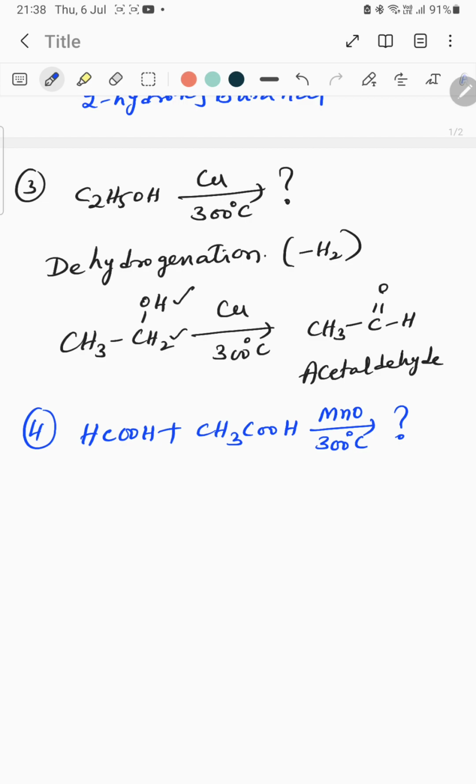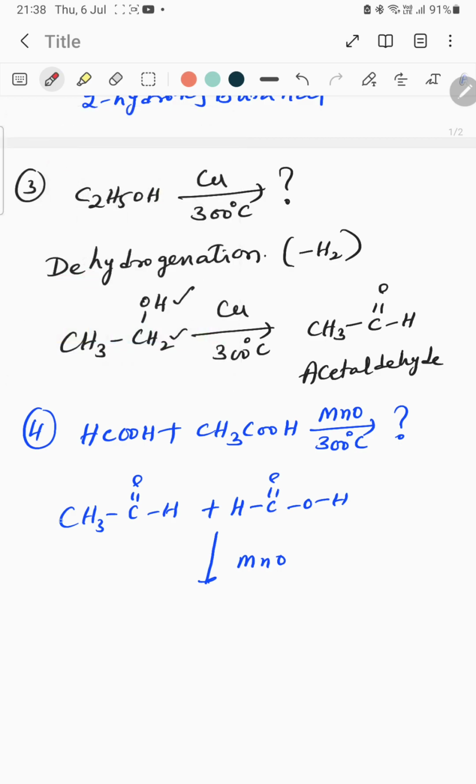Which one is formed? CH3 C double bond OH acetic acid, with formic acid HCOOH in presence of MnO catalyst.